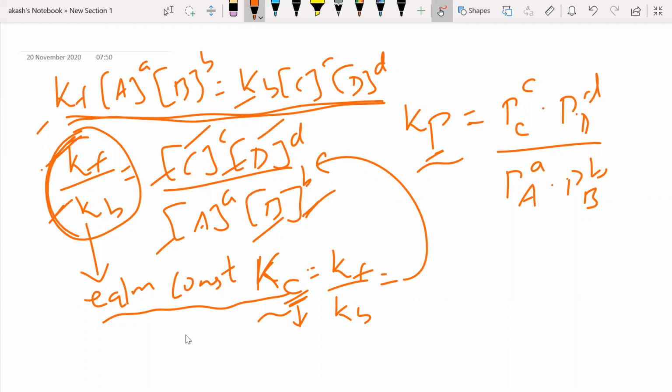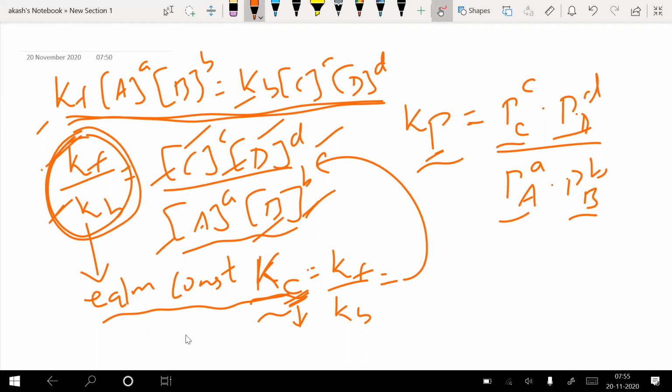Then you take the ratio of the forward and backward rate constants, and that ratio is what is called your equilibrium constant. And that equilibrium constant will be equal to the concentration of products raised to the power of the stoichiometric coefficients divided by the concentration of reactants raised to the powers of the stoichiometric coefficients. Or I can even talk in terms of partial pressures PA, PB, PC, and PD. So this is exactly what is called your equilibrium constant.